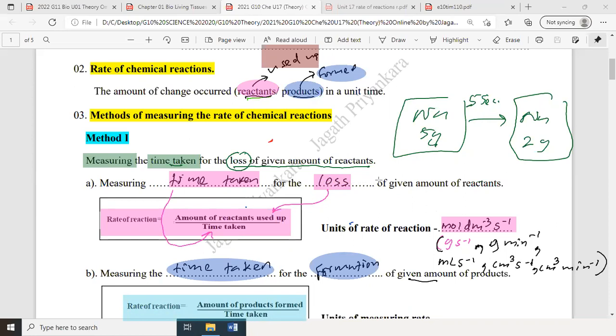You can have several reactions giving the same product. For example, I'll give one example. You take HCl and add magnesium. Then you take HCl and add calcium. You take HCl and add, say, iron.